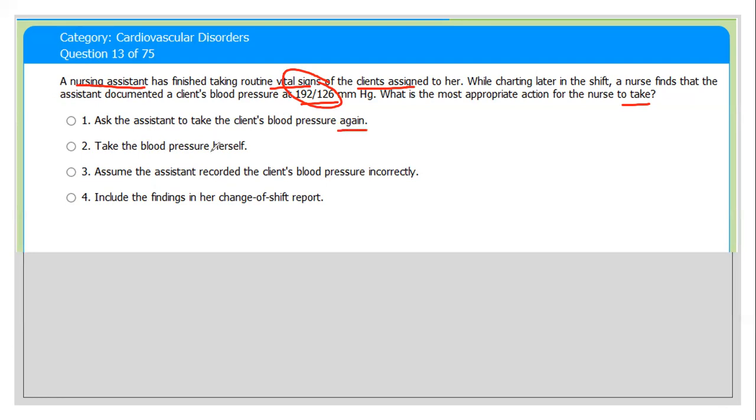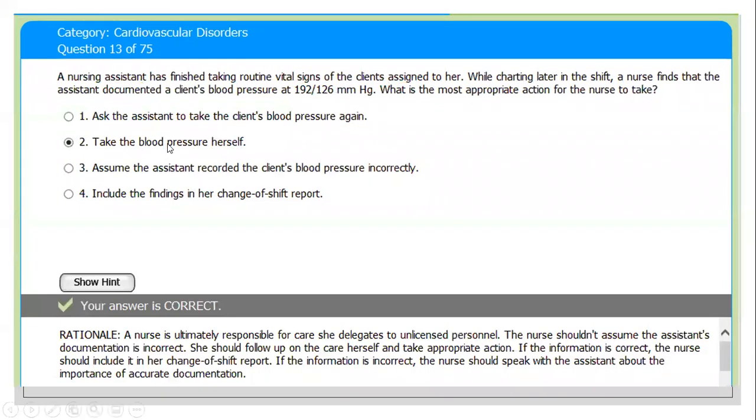Number two, take the blood pressure herself. Number three, assume the assistant recorded the client's blood pressure incorrectly. And number four, include the findings in her change of shift report, right? So the correct answer is to take the blood pressure herself.